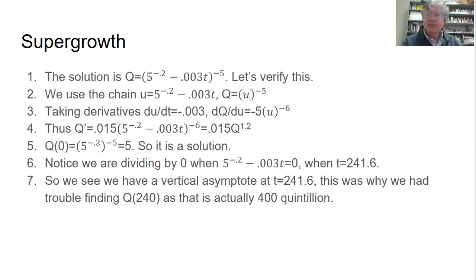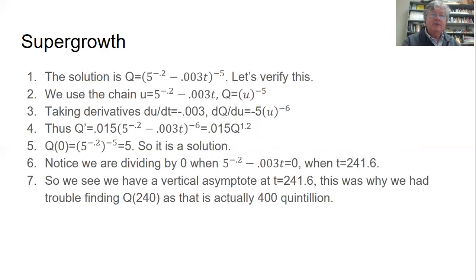Well, minus 6 is 1.2 times minus 5. So we've got that q prime equals 0.015 q to the 1.2. So that equation works. Got to check the initial condition. So q of 0, t becomes 0, so we get 5 to the power minus 0.2 to the power minus 5, right? So the minus cancels, 0.2 times 5 is 1, so you get 5. So that's why you get that funny number there. So we have it as a solution.